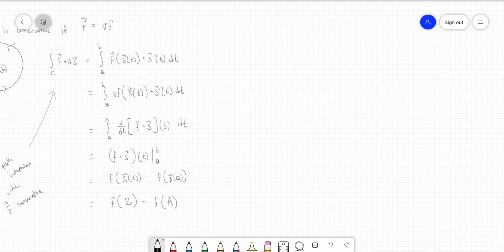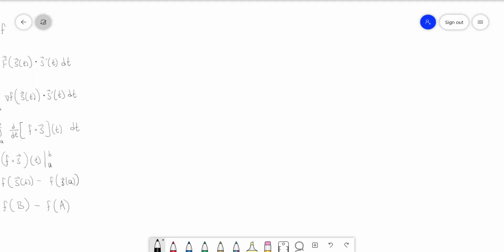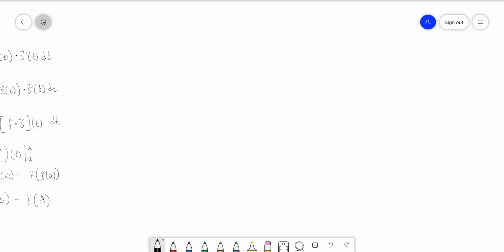So let's look at the vector field that we were given, and let's try to see if we can find a potential function for it. So here was its x component. And so the y component is this. And then the z component is just ginormous.